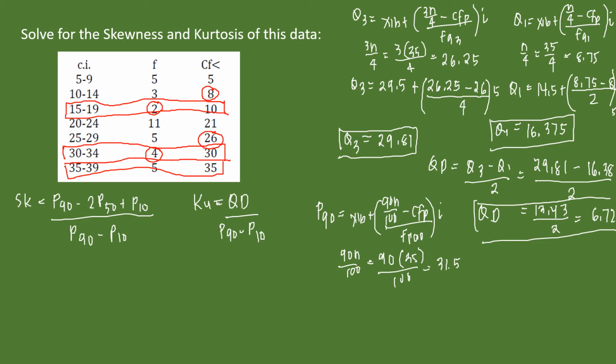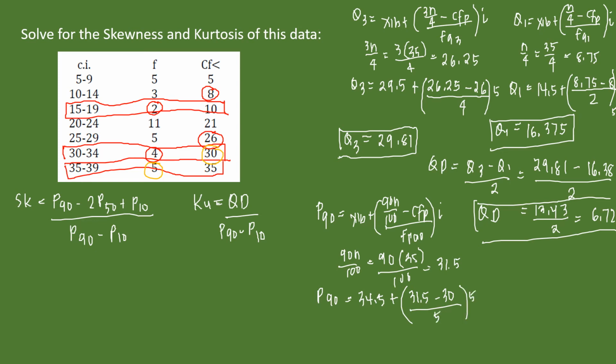Okay, so the CF is, I'll change to yellow. The CFP is 30, the frequency is 5. So solving for P90, so P90 is 34.5, that's the lower boundary, plus 31.5 minus 30 divided by 5 times 5.